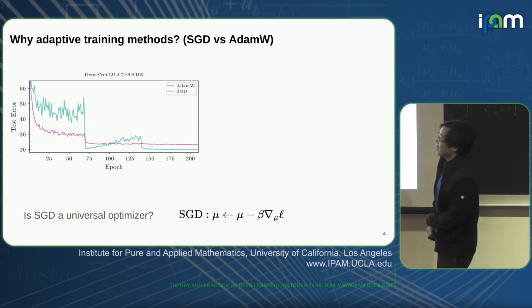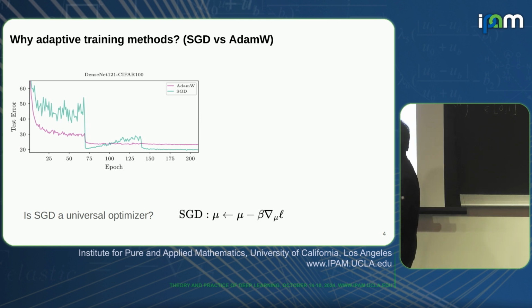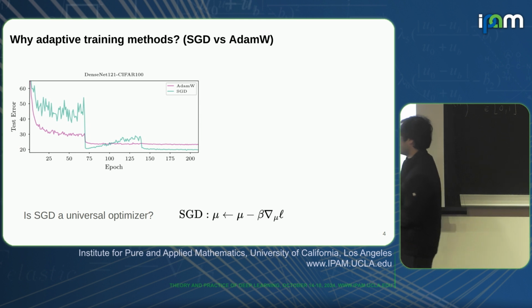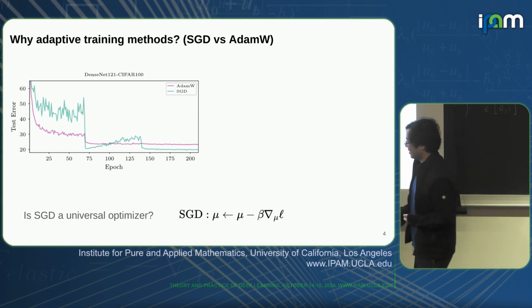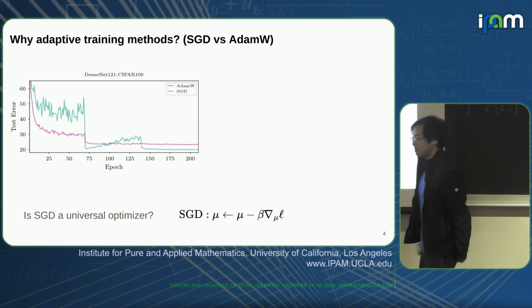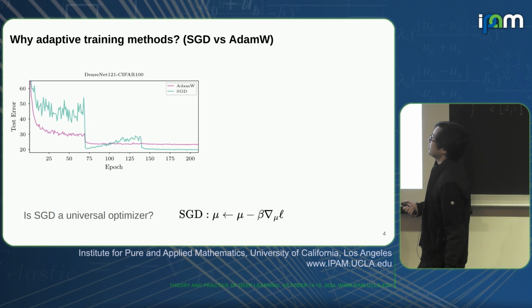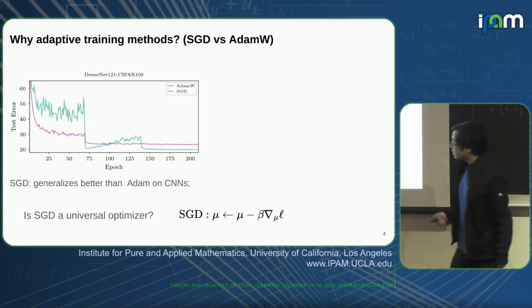Why do we want to use adaptive methods? Because you can also use stochastic gradient descent, right? So at least 5 years ago, people believed that SGD is a universal optimizer because you can see that on a convolutional neural net, SGD outperforms AdamW. Yeah, it's true.